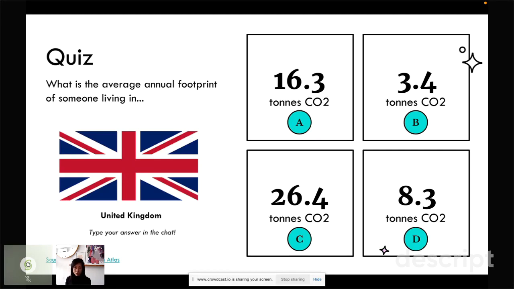Anne thinks it's B, 3.4 tons. What are some other answers here? We've got some C's and some A's and some B's. What I actually don't see, and I just saw now from Chris, is D. So the answer is D. The average carbon footprint of an individual in the UK is 8.3 tons.